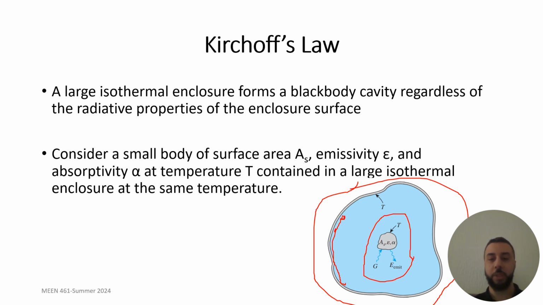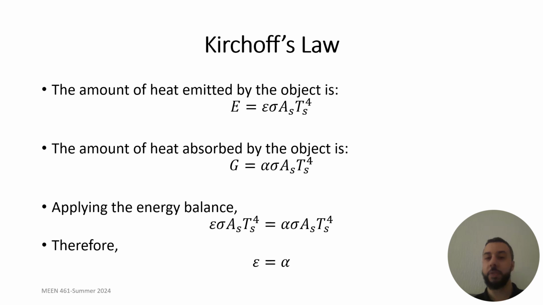Just remember that the large isothermal enclosure is going to be a black body, and the small body is going to be some gray surface with some emissivity epsilon and some absorptivity alpha. The amount of heat emitted by the object is going to be epsilon sigma A_S T_S to the power 4. And the amount of heat absorbed by the object is going to be G equal to alpha sigma A_S T_S to the power 4.